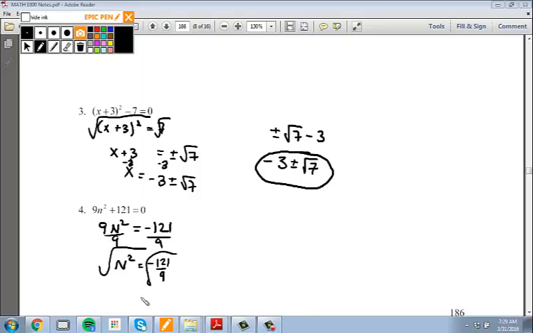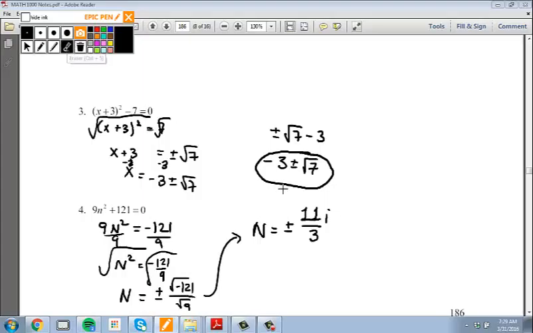Take the square root, so I need a plus or minus, so n is equal to plus or minus the square root of 121 is 11, but this is actually negative, so we have to be careful about that, because that means that we're going to have to just make this 11i. And the square root of 9 is 3, so it is actually plus or minus 11i over 3. Are there any concerns about this?